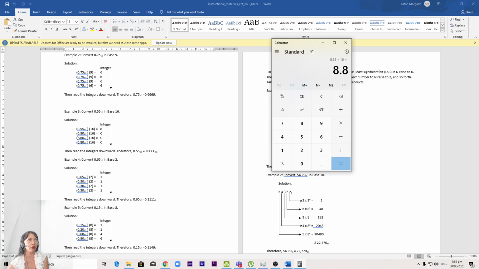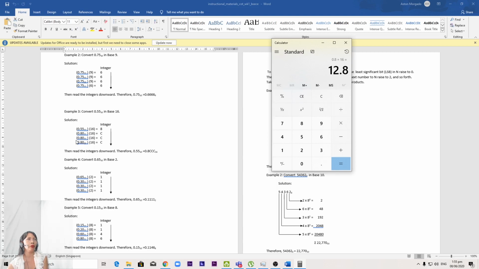Then you continue multiplying with 0.8 and 16. 0.8 times 16. Okay. So 0.8 times 16 is actually equal to 12.8.